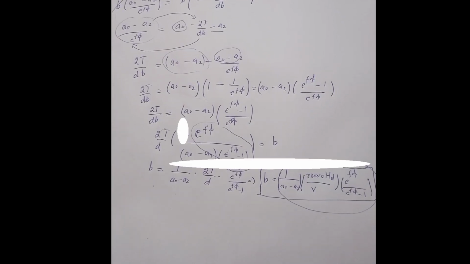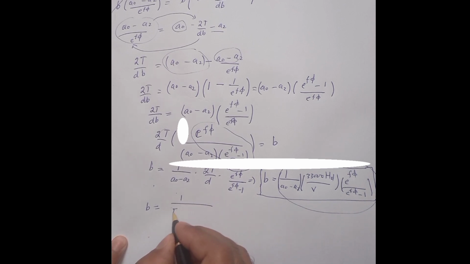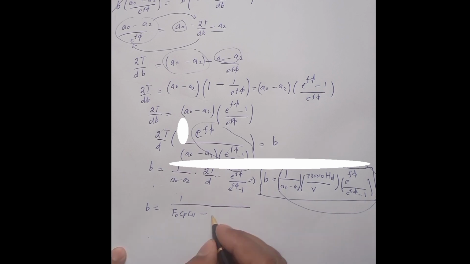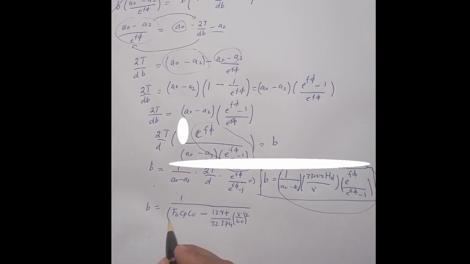Now if you want to put the values of a naught and a2, you can put those values as well. Instead of a naught, you can put Fa Cp Cv. Similarly, instead of a2, you can put a1, which is 12 gamma t by 32.174 into V by 60 whole square.